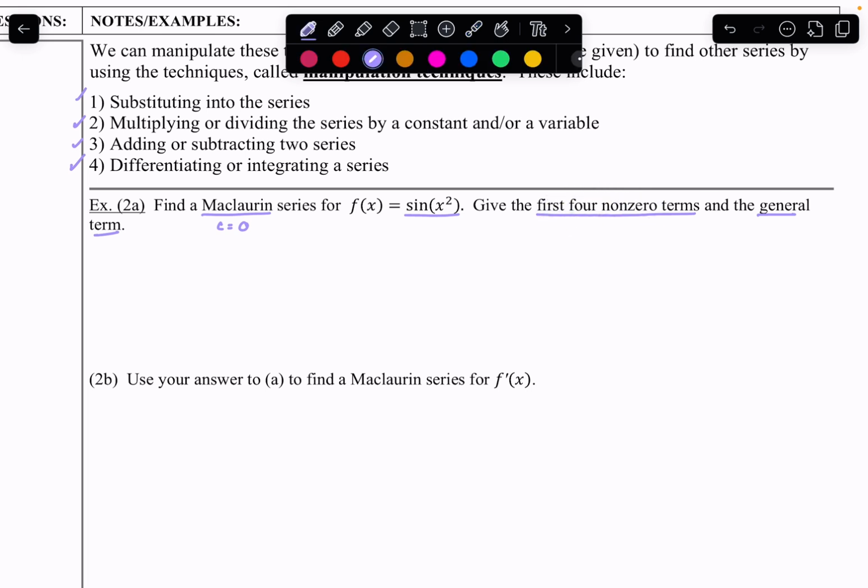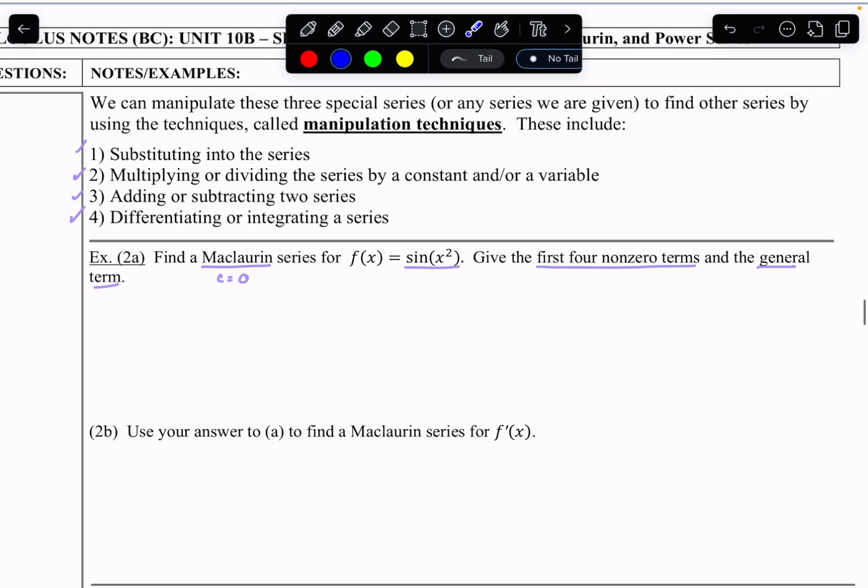So instead of me having to build this from scratch, where I go, okay, what is f? What is f prime? What is f double prime? And I'm trying to build a Maclaurin series, I can use and manipulate the sine of x expansion.